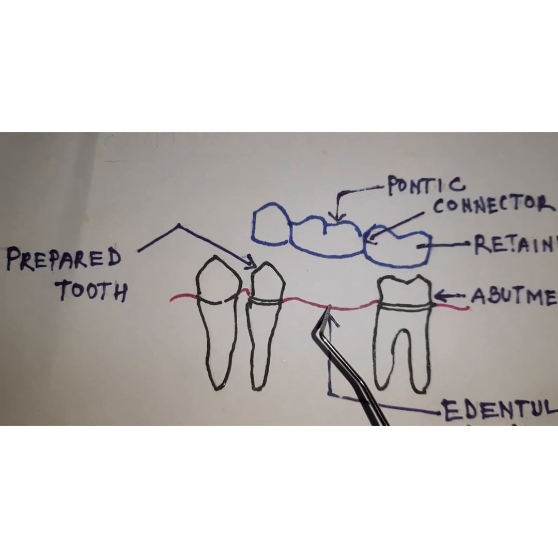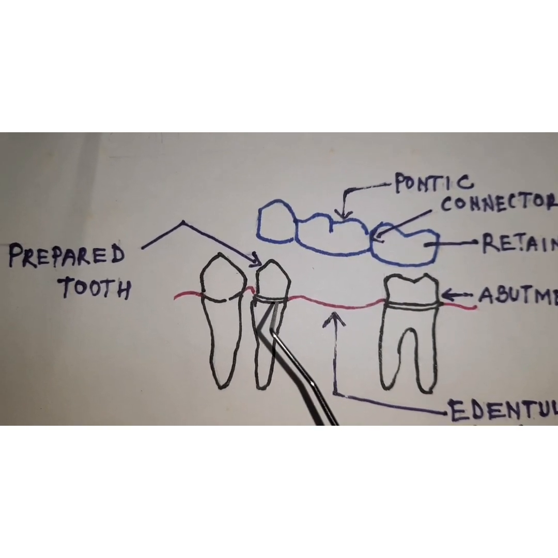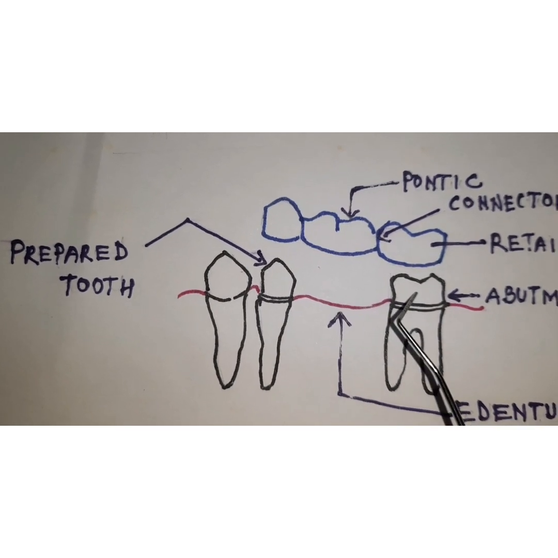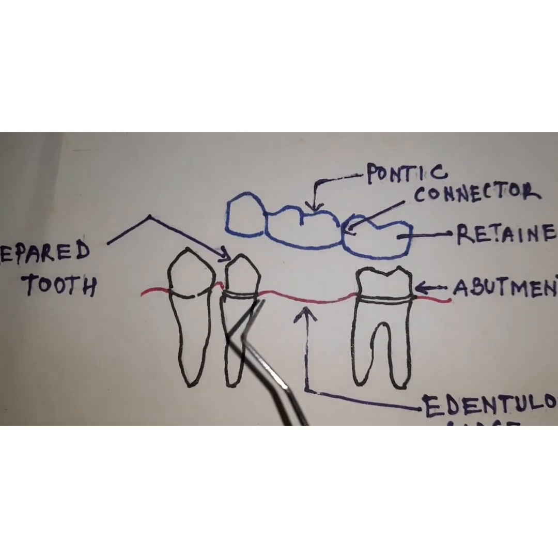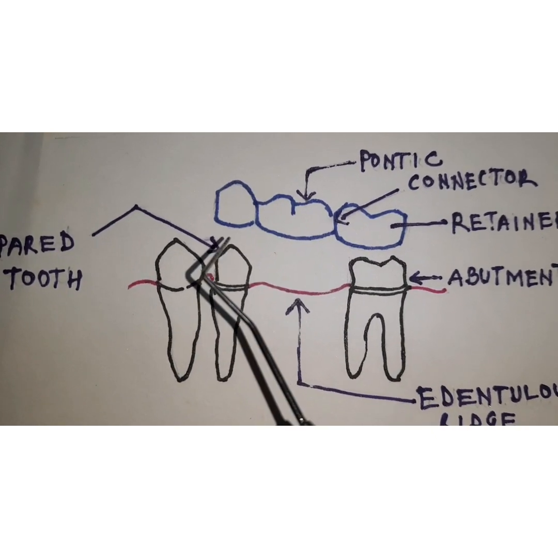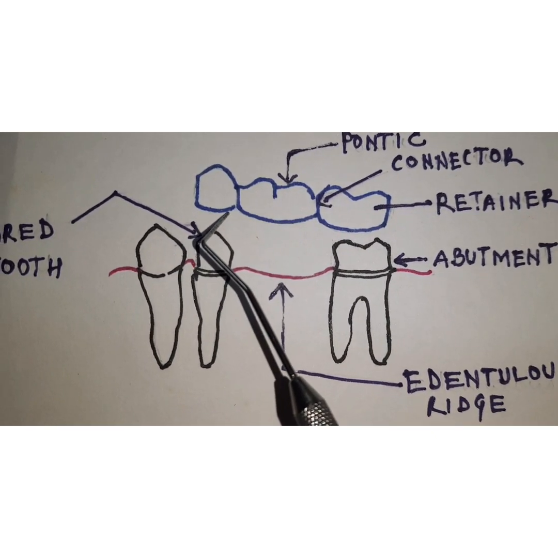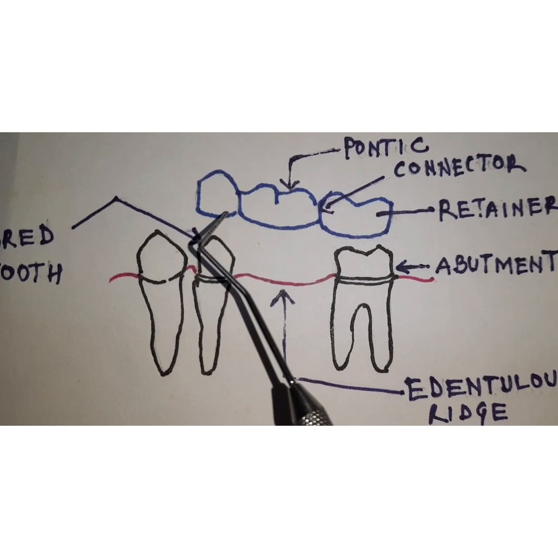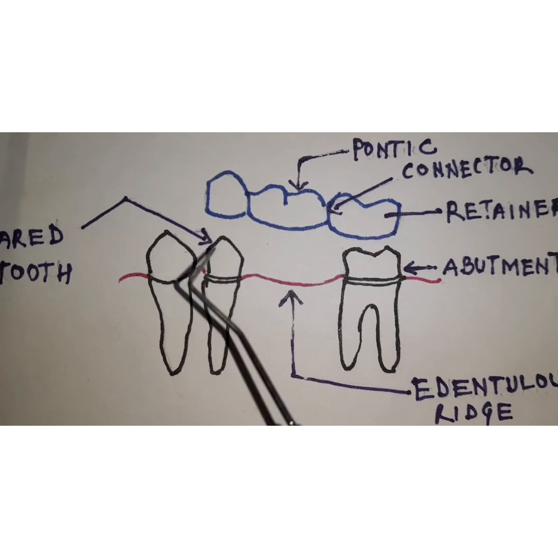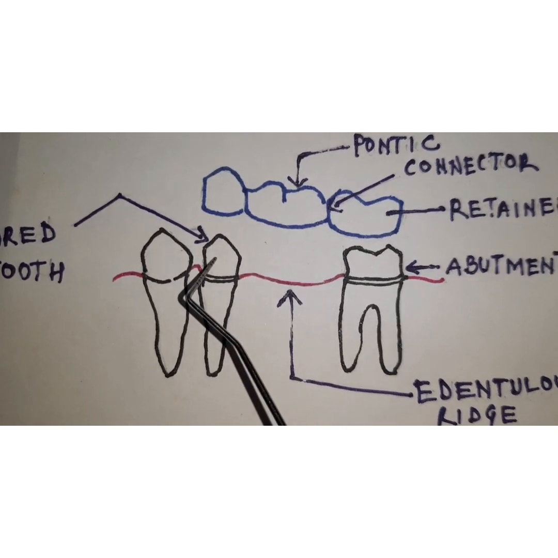So what we are going to do in a fixed partial denture, we are going to prepare the adjacent teeth and we call them the abutment. So the prepared teeth are called the abutment, and over that we are going to make a fixed bridge, that is the retainer, which is this, which will be cemented onto the prepared tooth.